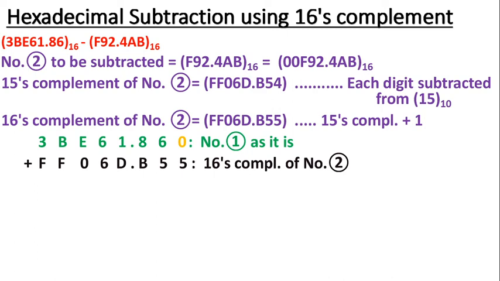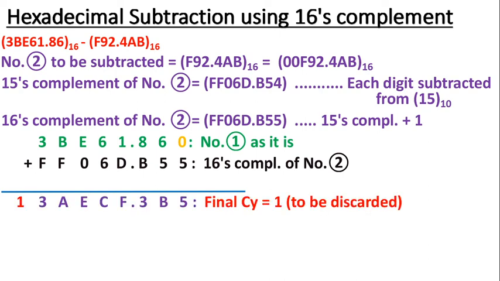I have taken sufficient time and performed the hexadecimal addition, and the result is available. I will simply write it down here, just below this horizontal line. So this is the result. In this result you will find that the MSB digit is equal to 1, shown in red.